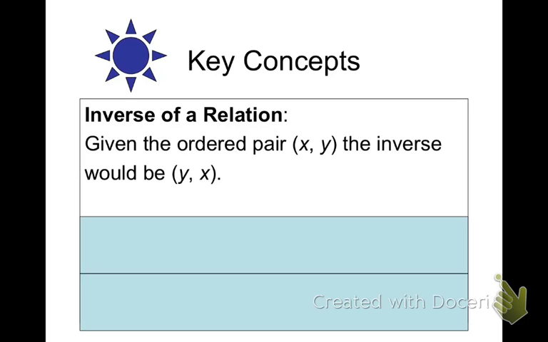So given the ordered pair (x, y), the inverse would just be switching your x and your y. Whatever was your y value will become your new x in the inverse, and whatever was your x in the original will now become your y in the inverse.